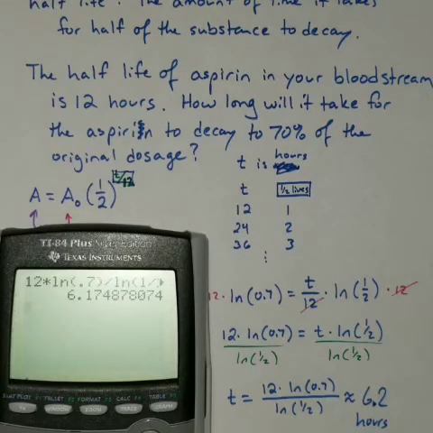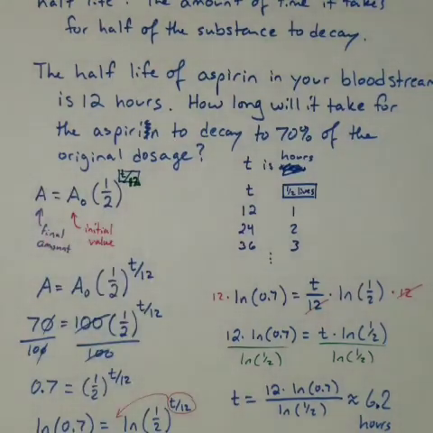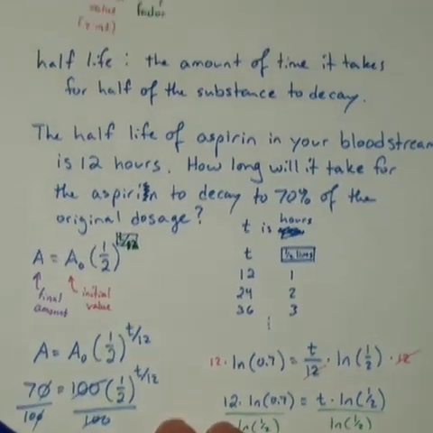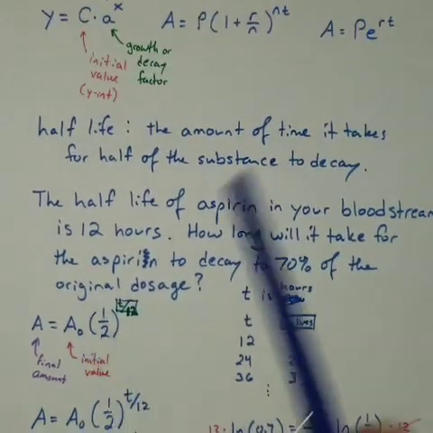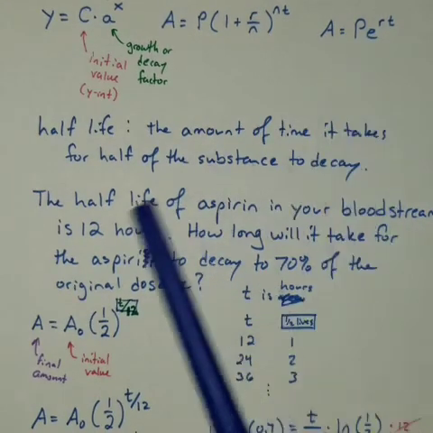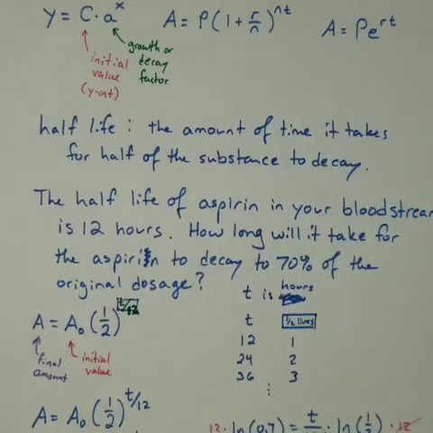Now, one thing I do want to point out before I move on from this example is that in your textbook, and I assume in my math lab, they're not going to have you set this up in the same way. They're going to have all of these models in terms of a base of e, just like the compound interest formula.